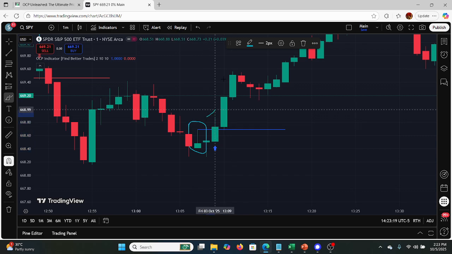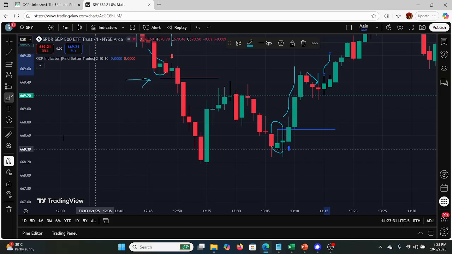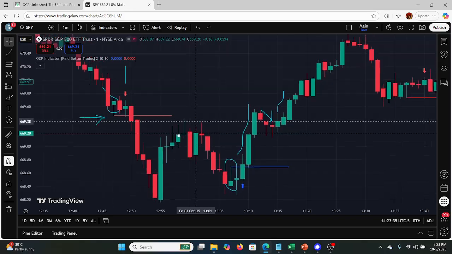And sure enough, we had this move all the way up to here, a bit of a bull flag, and then a continuation all the way up here as well. So pretty good. These are just the last few signals from the last trading day on Friday.